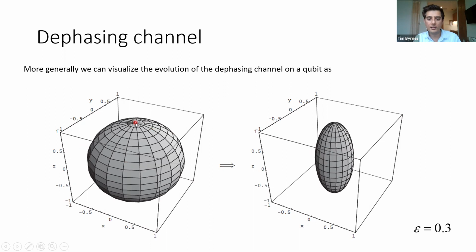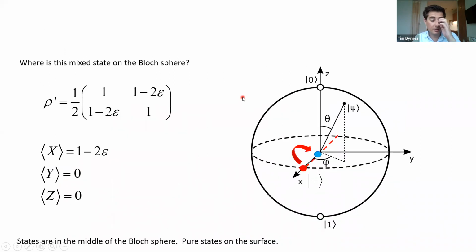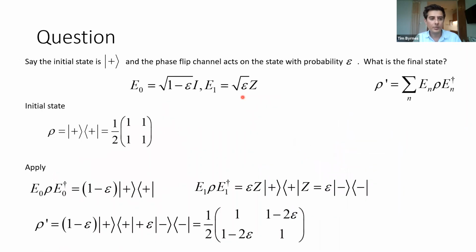You can see that some points are invariant. For example, if you start at the North Pole, it's still at the North Pole. That makes sense because, for example, in this calculation, if we change this to the zero state, then if you apply the Z operator on 0, Z on 0 actually does nothing, right?